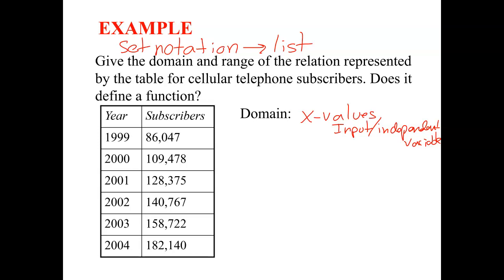Looking at this table, if I have a year, and then based on each year, I know how many cell phone subscribers I had, which of those values is my independent variable? I can look at a year, and then ask, for that year, how many subscribers did I have? The subscribers depends on the year. So year is my independent variable, and subscribers is dependent.